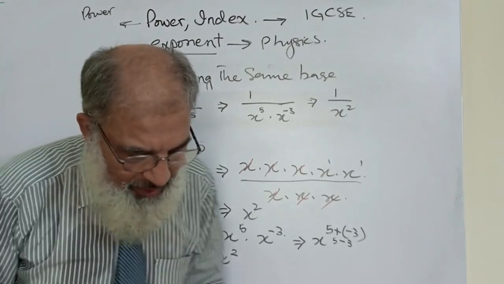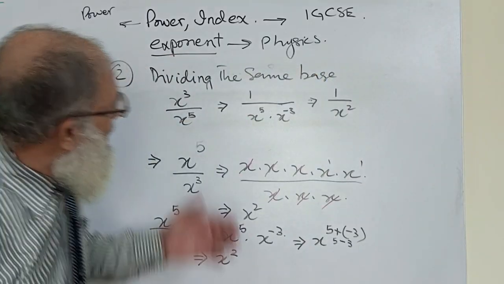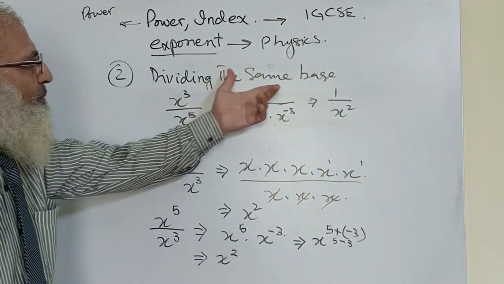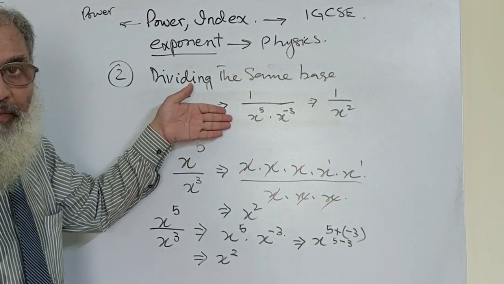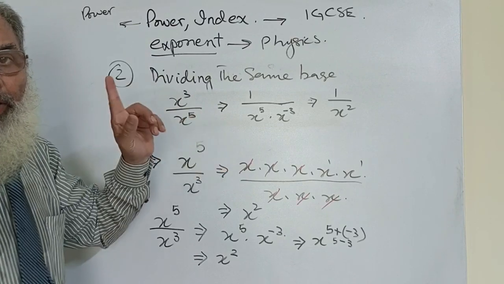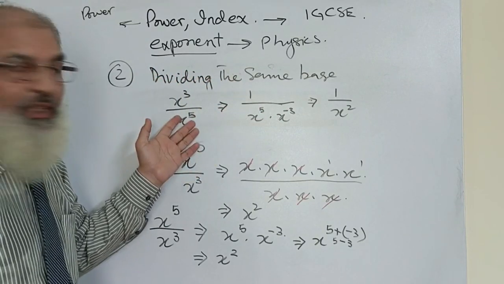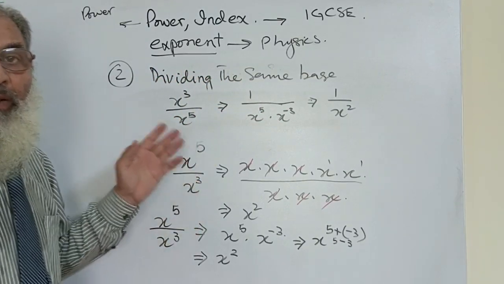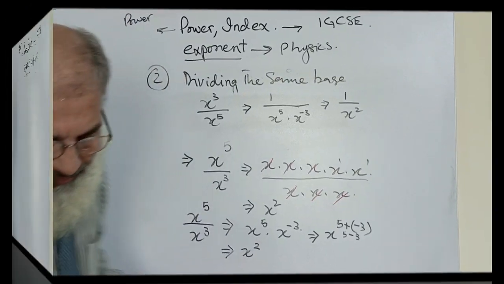Now let's proceed. I wrote here: with the same base and with different indices, or with the same index. That was the rule with different indices, and the third rule is with the same index.